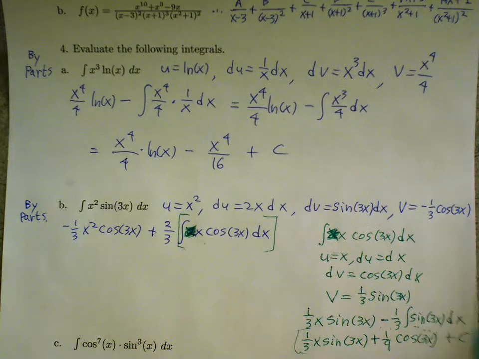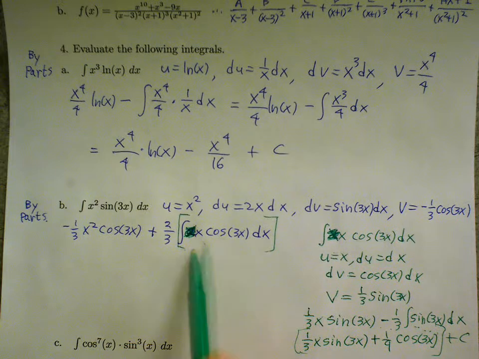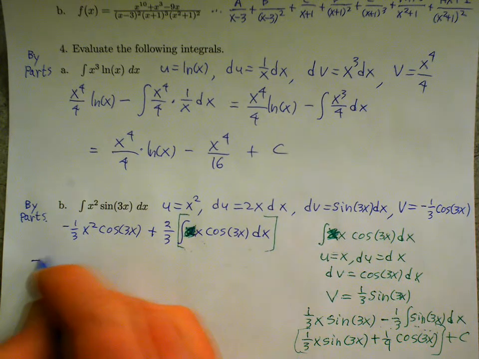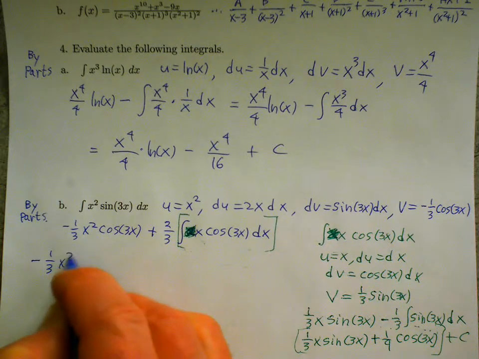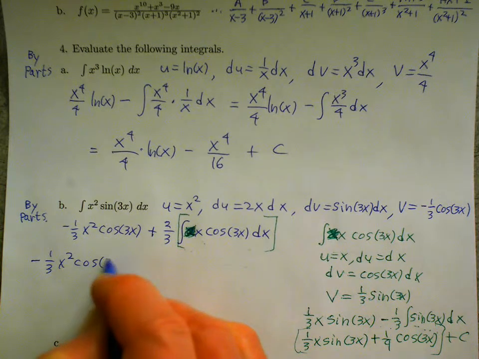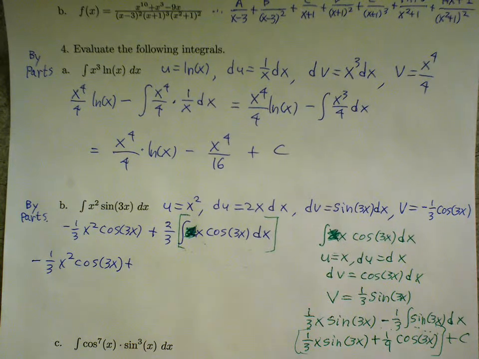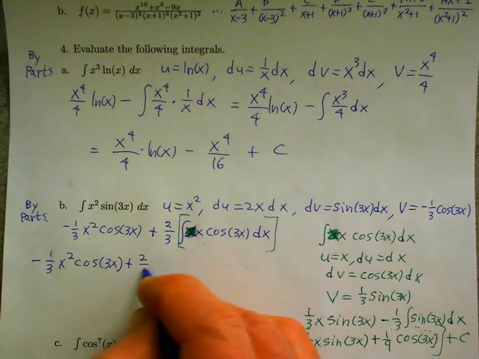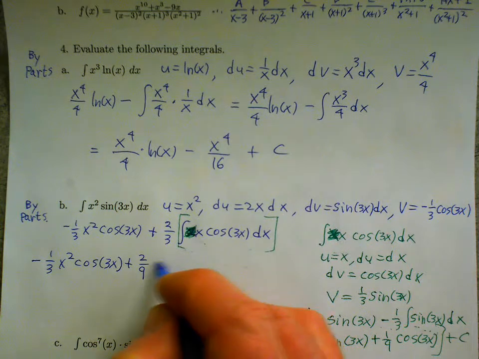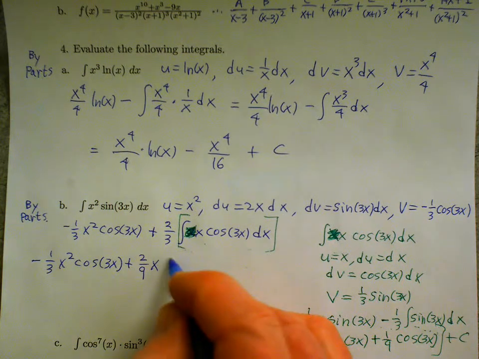So we'll put this quantity inside those brackets up here. We're going to multiply that quantity by 2/3, so we can go ahead and do that in this step. 2/3 times 1/3 x sine of 3x is 2/9 x times sine of 3x.